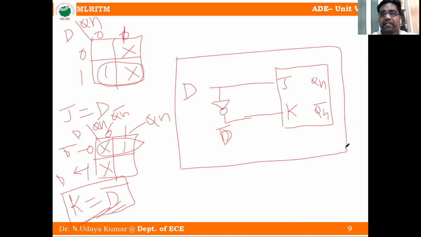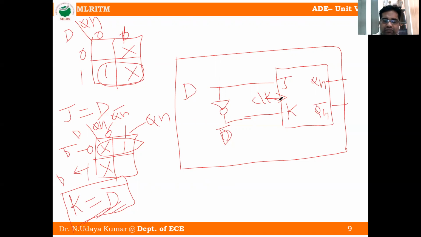Even though it is a JK flip-flop, your clock is also there, but we will use it as a D flip-flop. So we have converted the JK flip-flop into a D flip-flop. This is the conversion from JK flip-flop to D flip-flop.